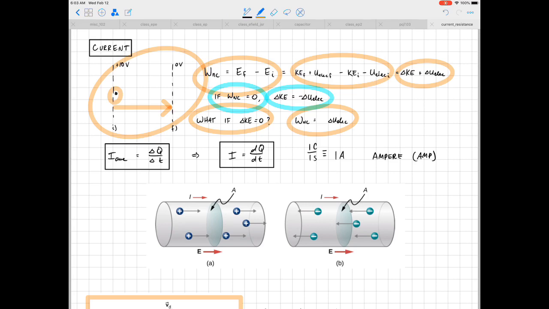They will be generating heat. So they'll be moving at a constant speed. You can think of it as a terminal speed, but it's called a drift velocity. They'll be moving at a constant speed. And so that loss in potential energy is related to the thermal energy that's generated by the wire or the system.